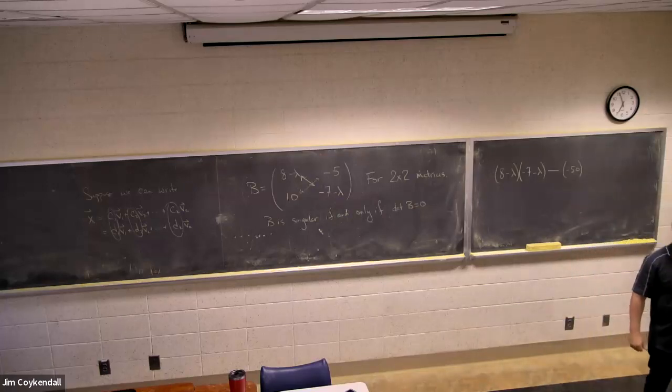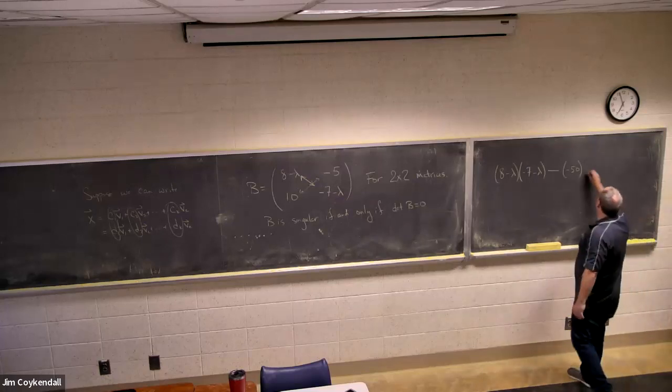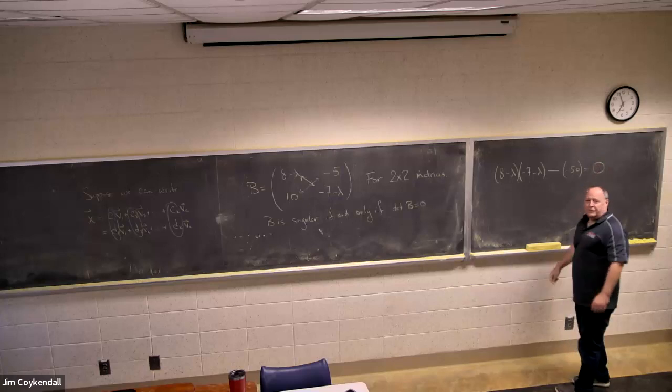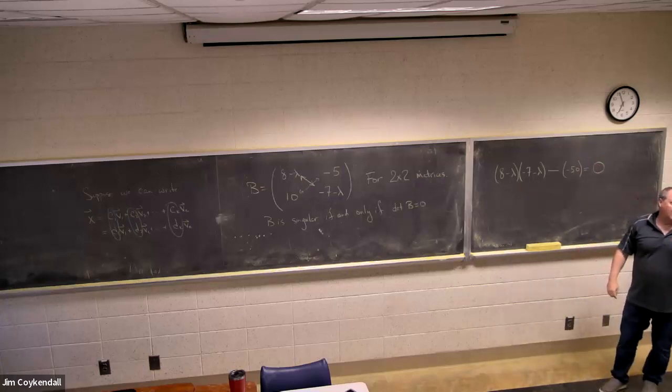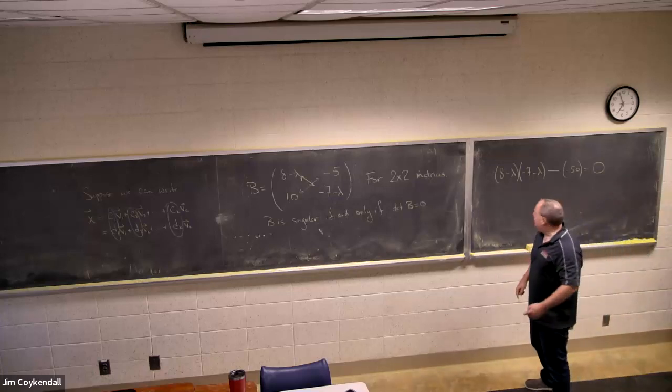There's the determinant. And for it to be singular, what do we need that determinant to be? 0. So this is an old-fashioned high school algebra equation. That's basically what's going on here. So let's try to figure it out.